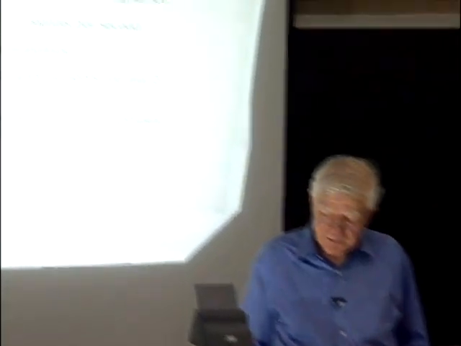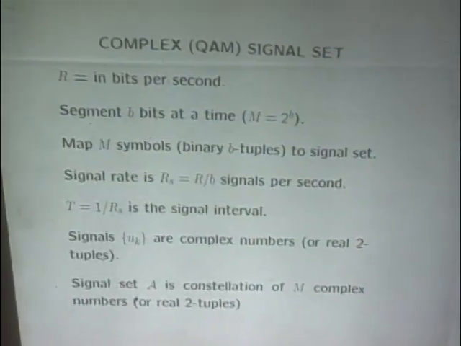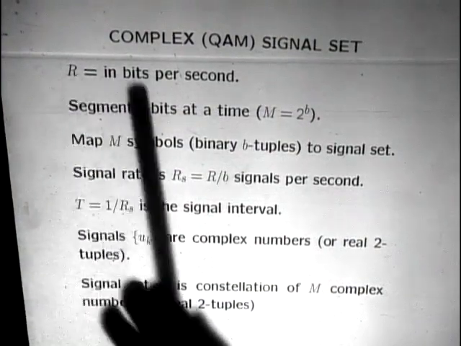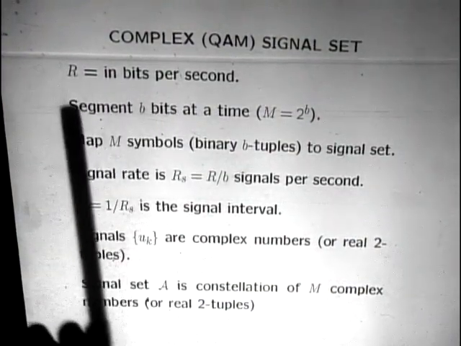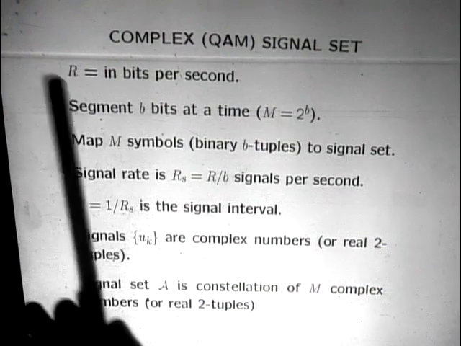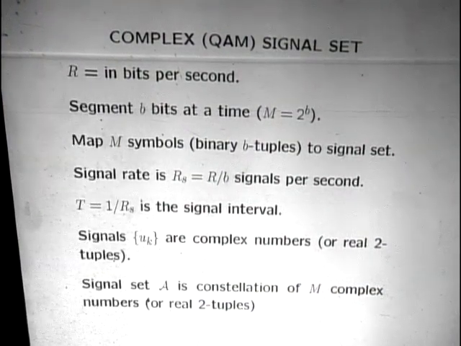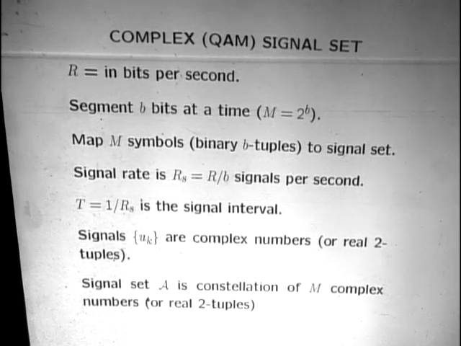Okay, so what we're going to do now is look at each of these pieces one at a time. The first part is the complex QAM signal set. And just for some notation here, so we'll be on the same page, we use R to talk about the bits per second at which data is coming in to this whole system.